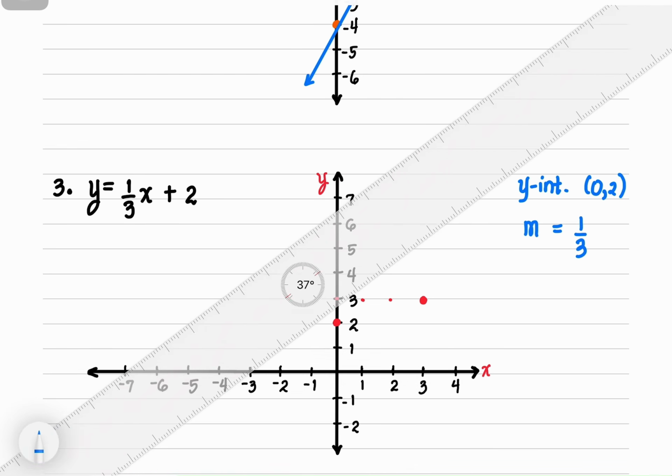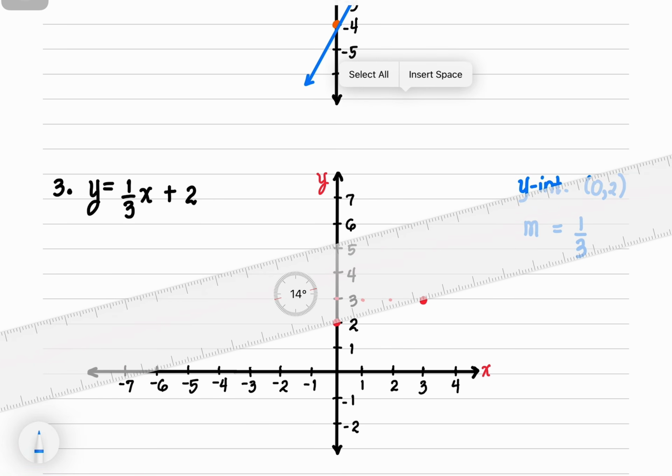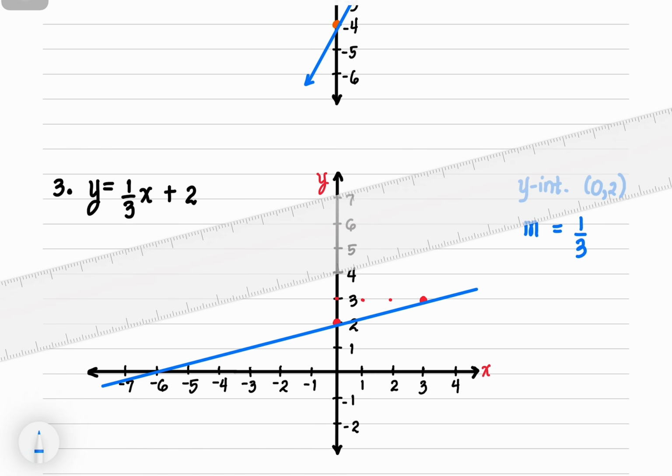Naintindihan ba? Okay. So, ayan. Dapat matamaan niya tong -6. Ayun, natamaan, no? So, it passes through the -6.